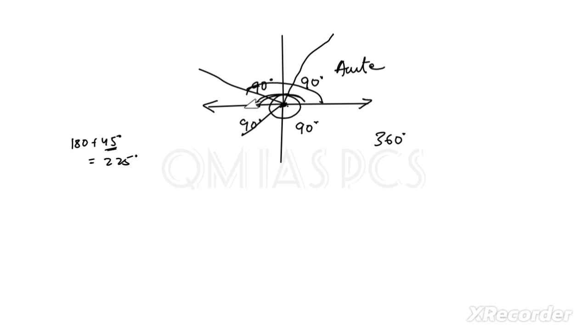So 180 plus this one, if you include this angle, from this ray to this ray, this will be your 225 degree. Got it? Why am I telling you this? Because I think one year it was asked about 180 plus 45 degree.